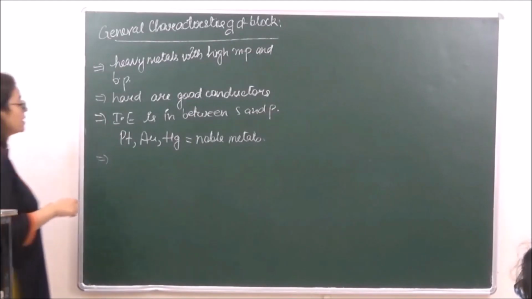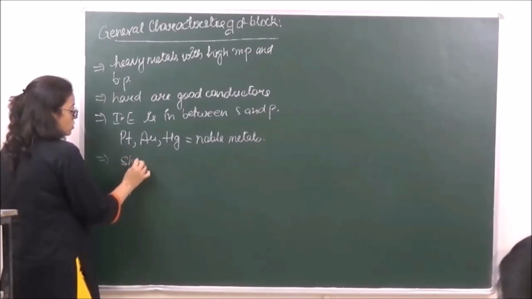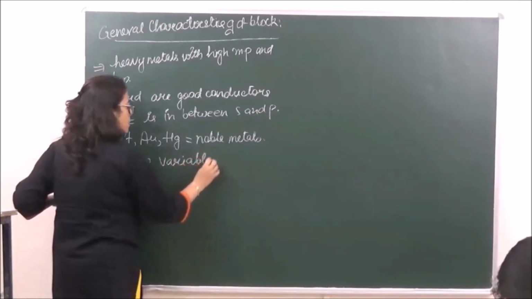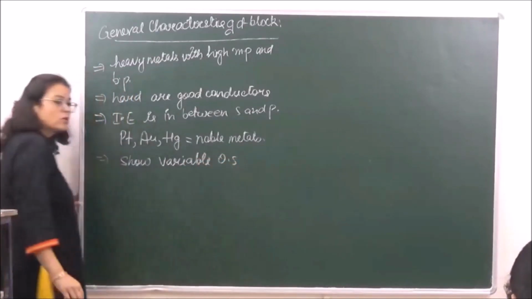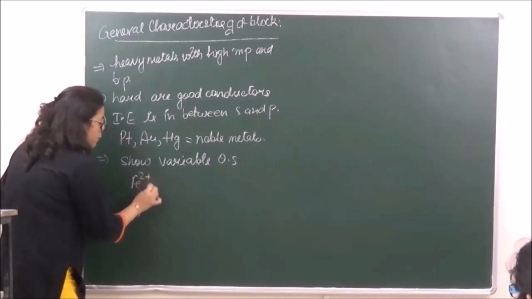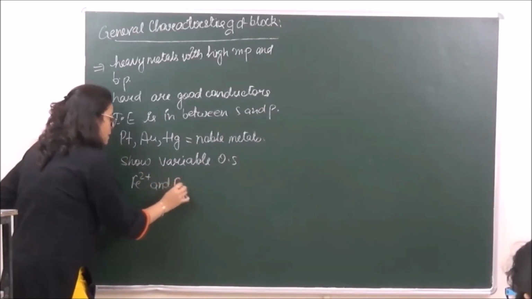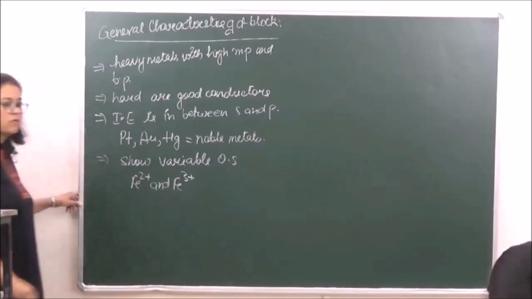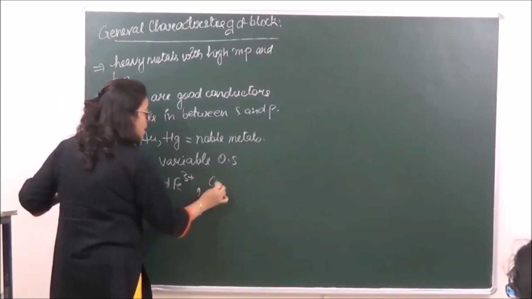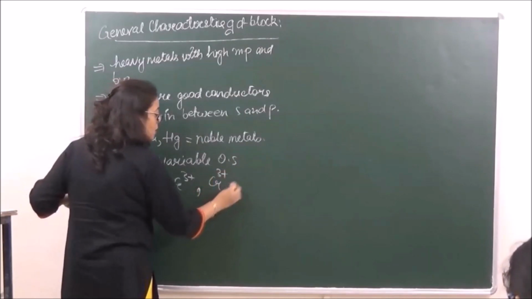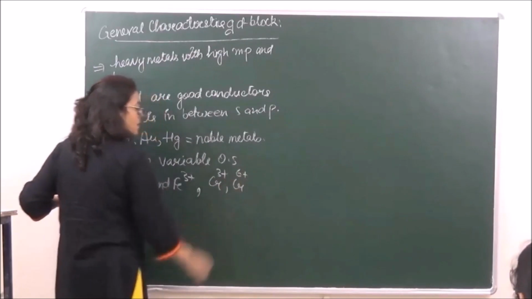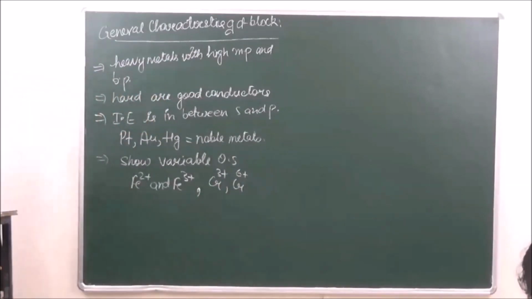Then the D block elements show variable oxidation states. Like for example, Fe2+ and Fe3+, right? So they are showing variable oxidation states. Similarly, chromium shows Cr3+ and it also shows Cr6+.